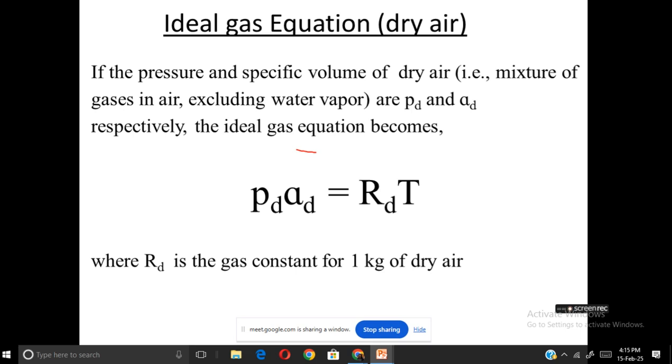Now we will move on to some details about thermodynamics. We are all familiar with the ideal gas law in chemistry. You would all have learned the equation PV = nRT.